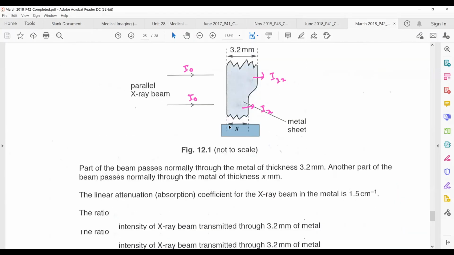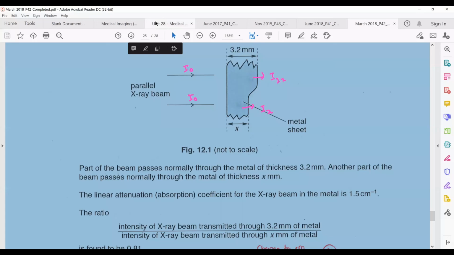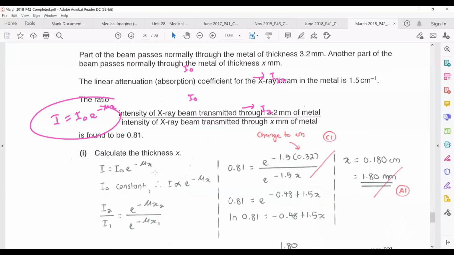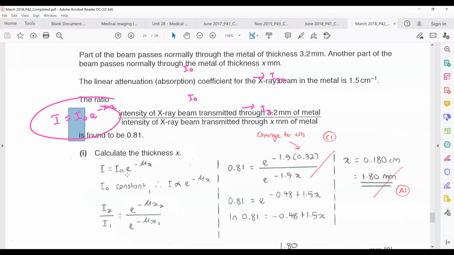So you know that the same general equation, I equals I naught exponential negative mu x, applies. So you can just use this to make an expression for the ratios. Before you do that, you know that I naught for both is constant, so you can cancel it off.